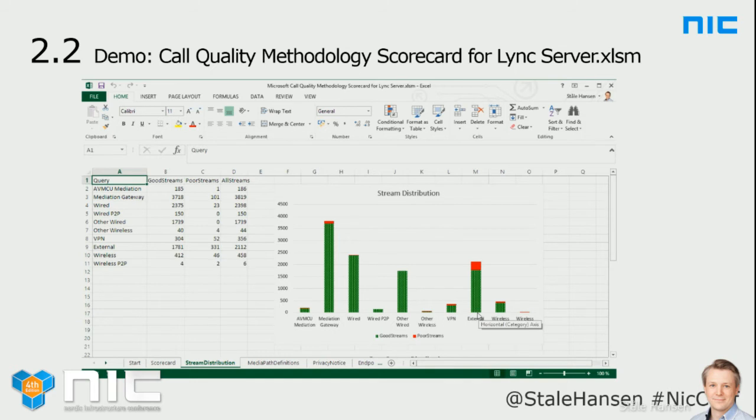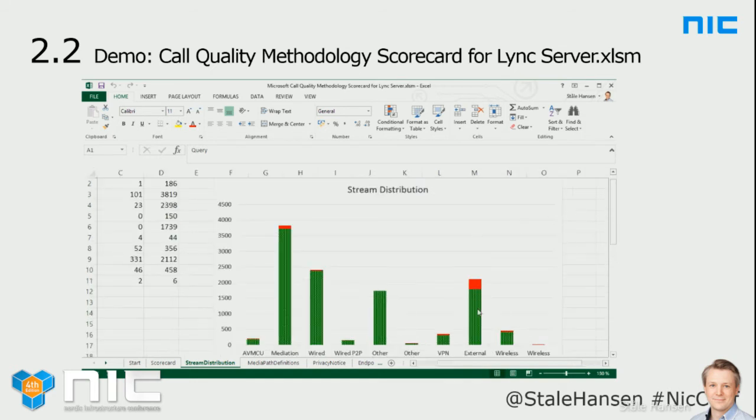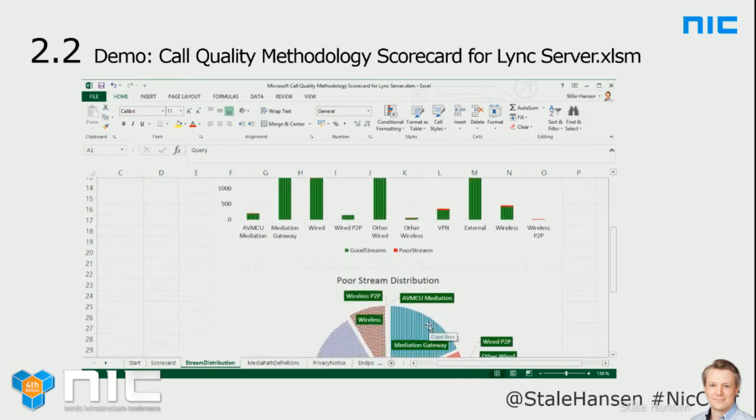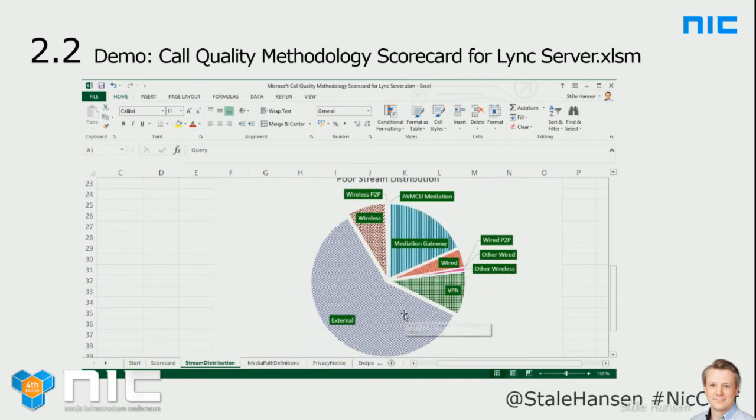And you get some nice both histograms and cake diagrams. That's enough, right? Because then you can send it to your CTO and he understands what he's looking at. So this cake diagram is of all the poor calls, where are they placed?